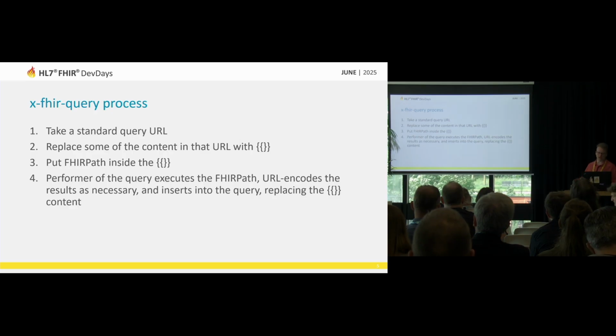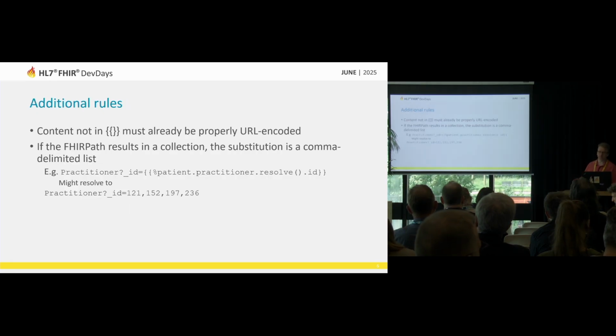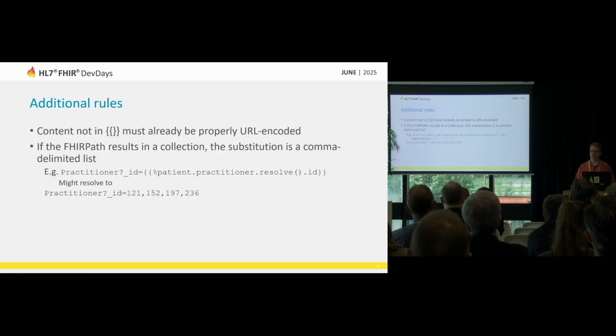There's a few extra things that we added to make the syntax do what we wanted it to do. First of all, you do have to not base64, but properly URL encode your content. So if you have colons or other things that are part of your search path expression, you do need to properly escape them.